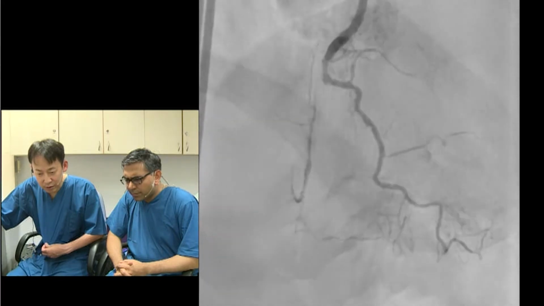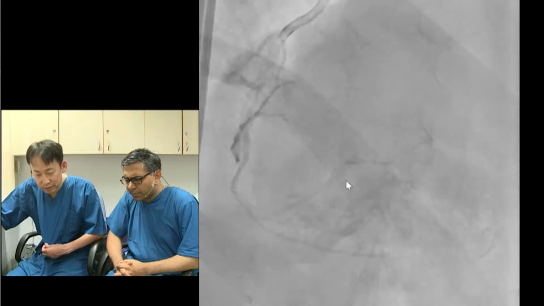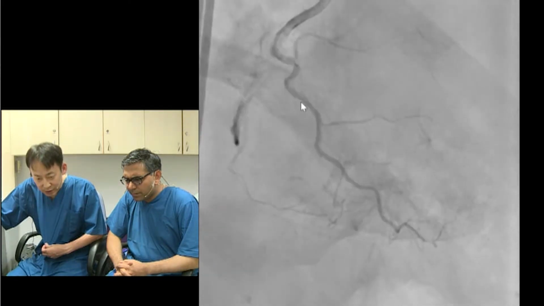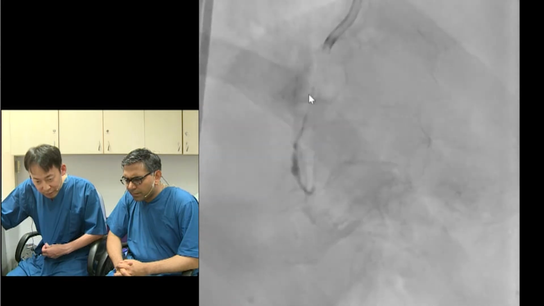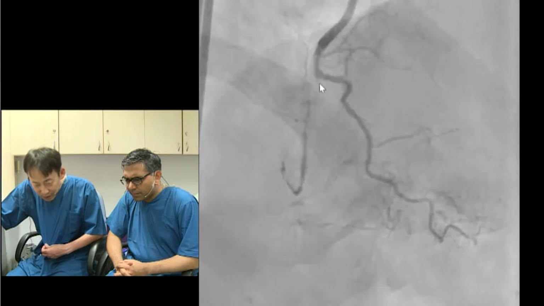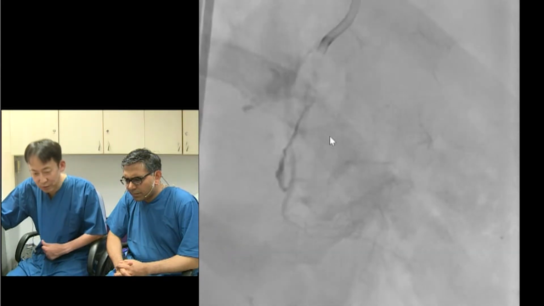So this is the injection. We can see some flow through the ipsilateral channel. Some branches overlap with the inner areas. But actually, I think the CTO length is not so long, less than 1 centimeter or so.